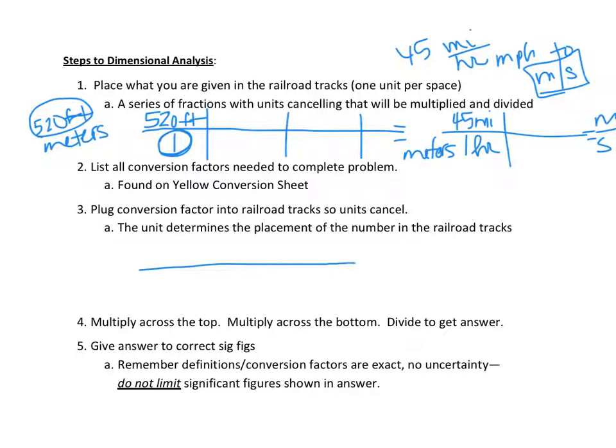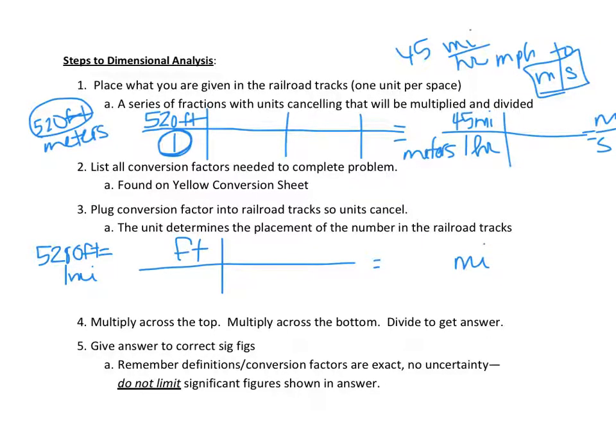So again, if I'm starting in feet and I want to get to, let's do miles since I already know that conversion. So I know that there are 5,280 feet equivalent to 1 mile.